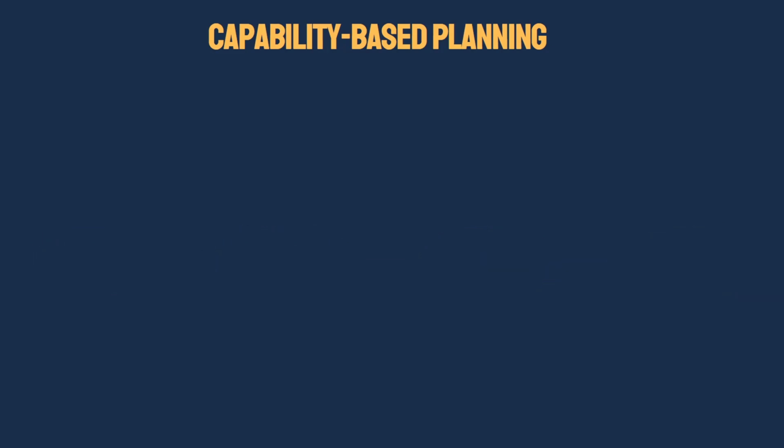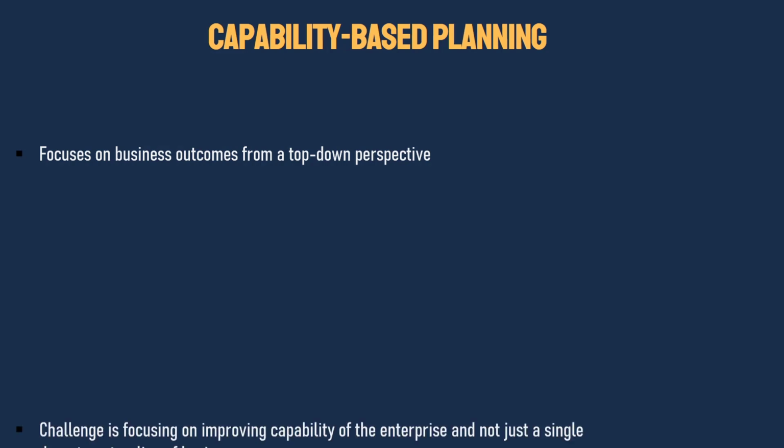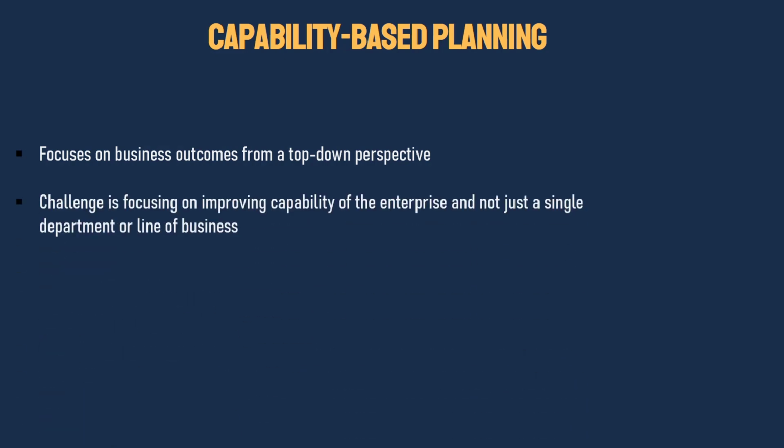When we are talking about capabilities-based planning, we want to focus on business outcomes from a top-down perspective. The challenge when we are doing this is focusing on improving capabilities across a wide range of different departments, not just a single line of business or single department.